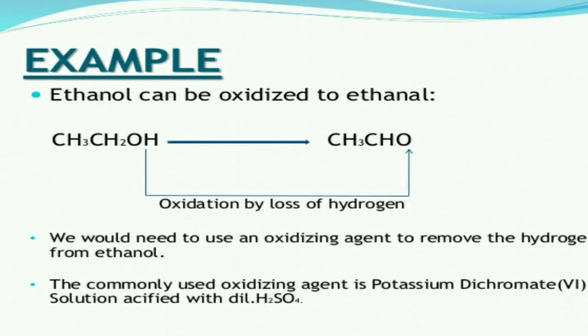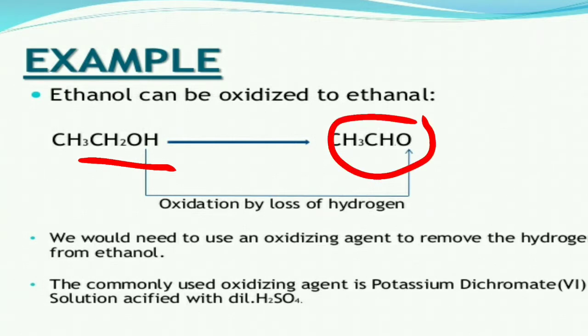Let me learn some examples here. This ethanol gets converted to ethanal, that is the aldehyde, due to the loss of hydrogen, and this is called an oxidation reaction. We need to use an oxidizing reagent for the oxidation reaction.